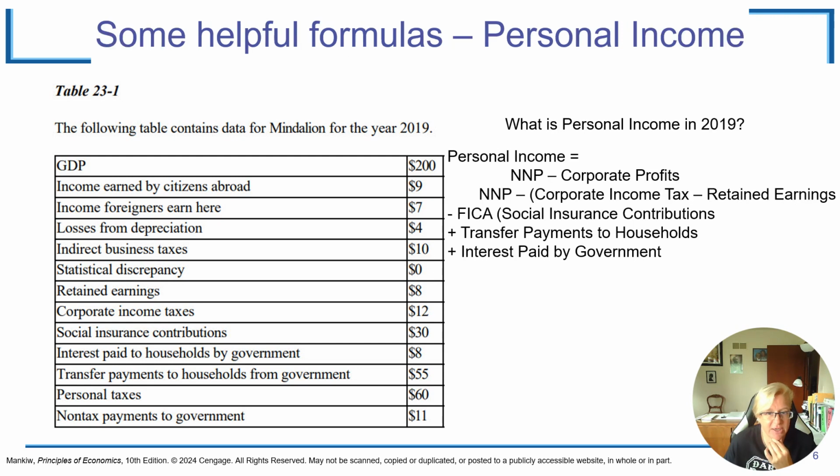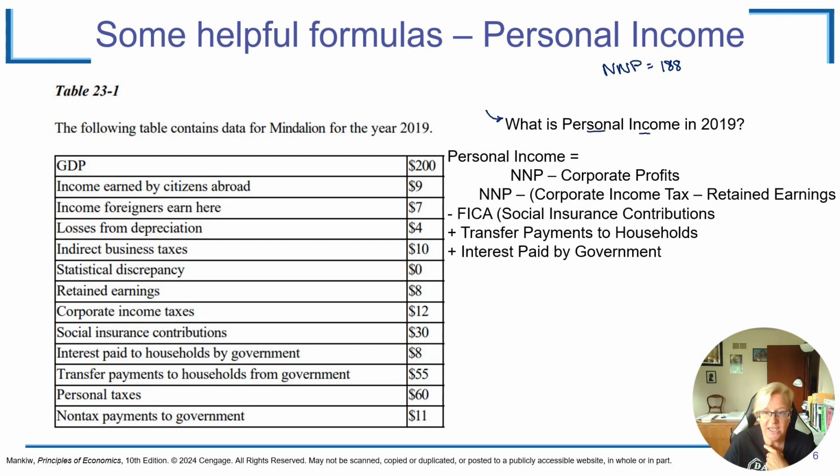Okay, so there we are. Now what if we ask, what is the personal income in 2019? The first thing I'm going to do is pick up the net national product that I had on the previous screen, which, as you remember, was 188. Net national product equals 188. I need that to figure out personal income.